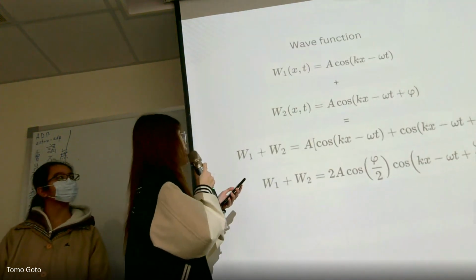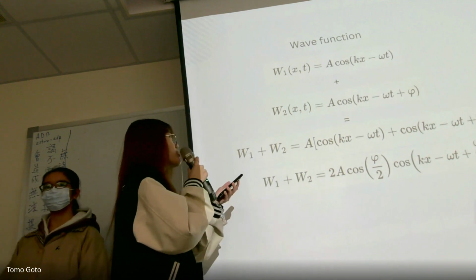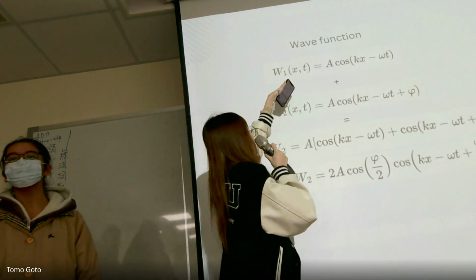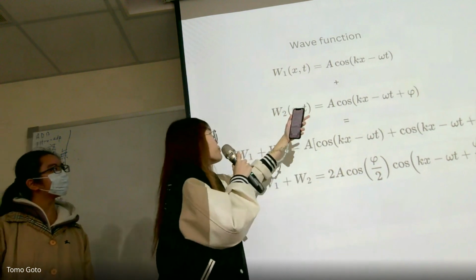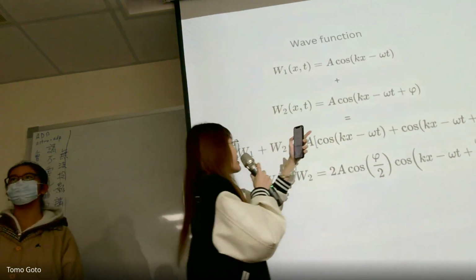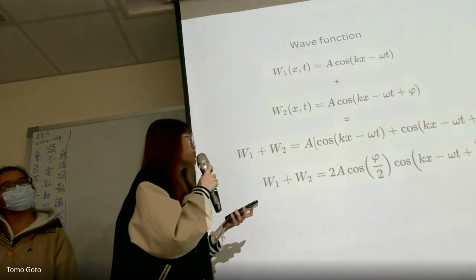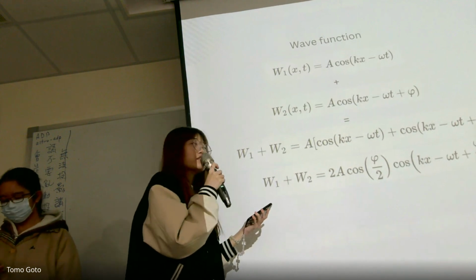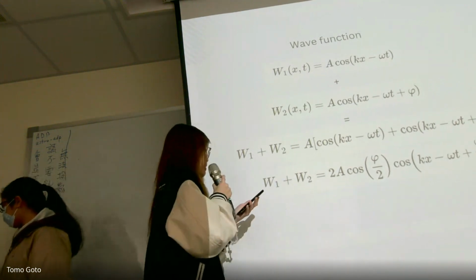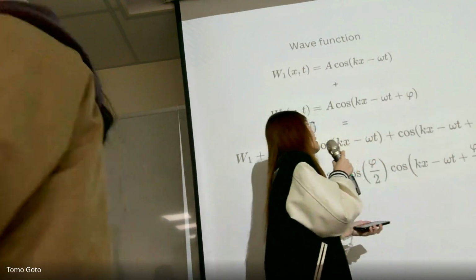So now we have the wave function. Here is wave one. A is the amplitude, and k is the wave number. k is equal to 2 pi divided by lambda. And here's the angular frequency.